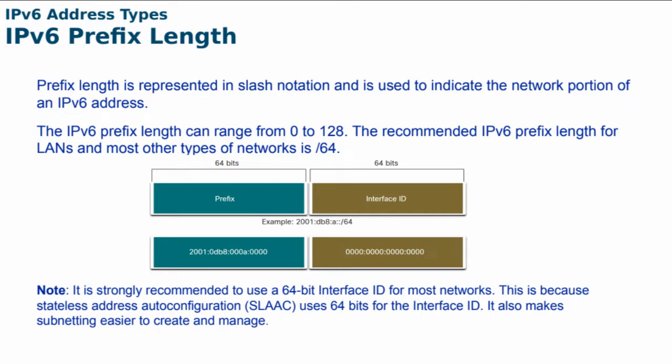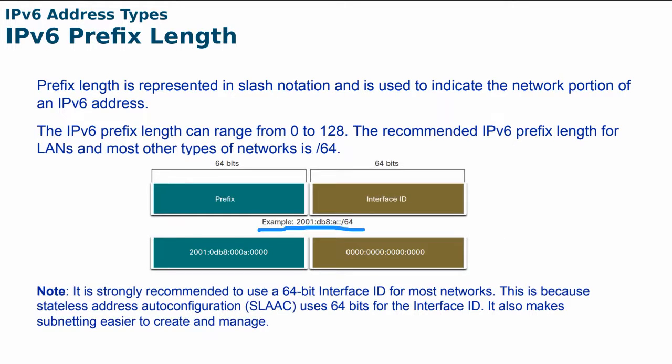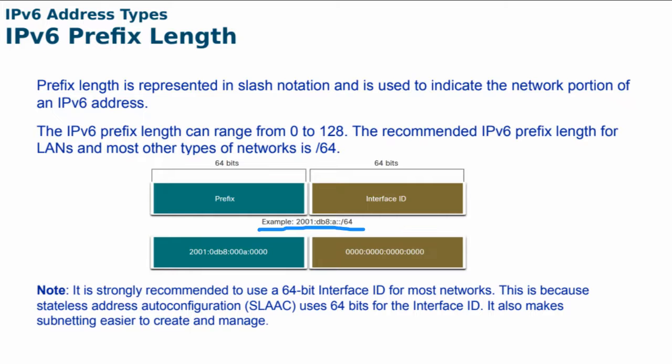Look at this example. 2001, DB8, 0, and because I have a double colon, then it is all zeros. Okay, you got it? How they get this number? Please, you might get a question like this. Because I have a double colon at the end, this means all zeros. Okay.